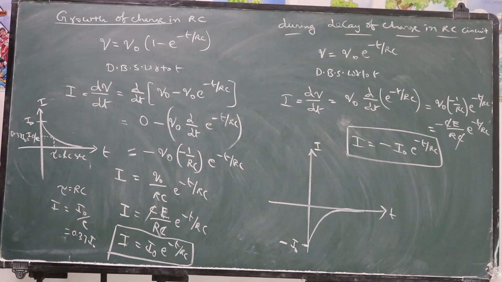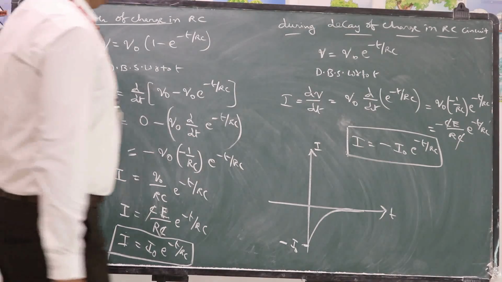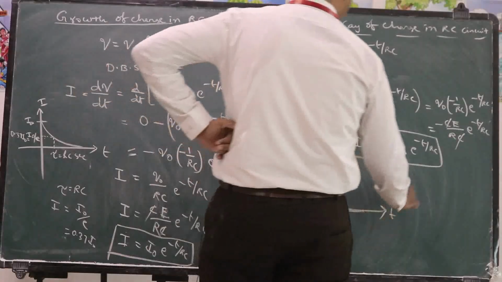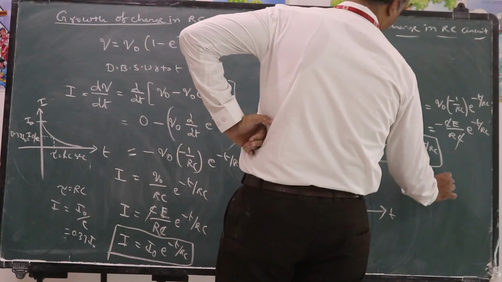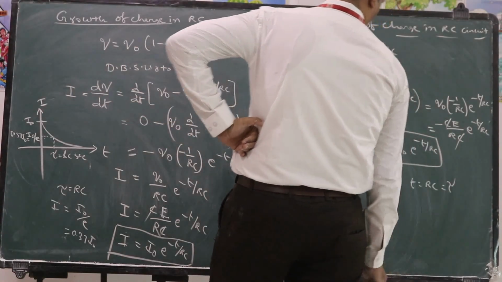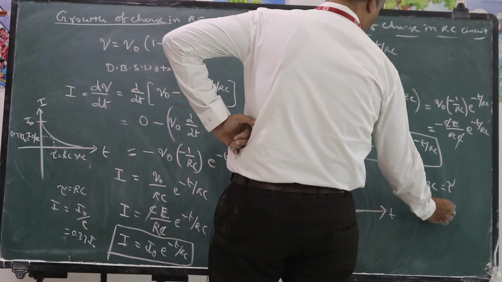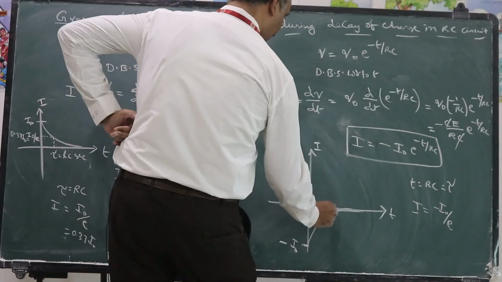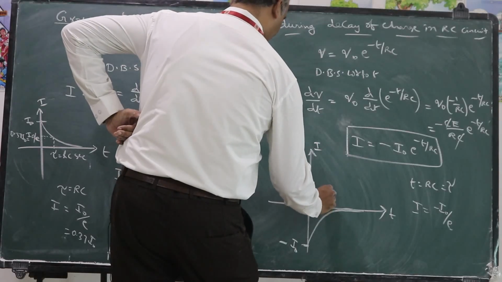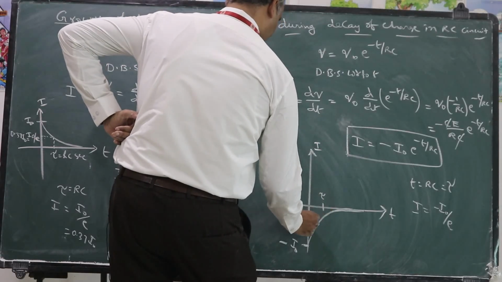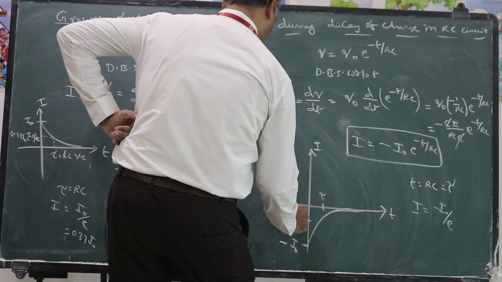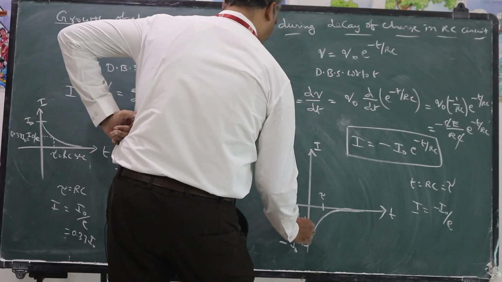Similarly, here also if you wait for t is equal to RC seconds, nothing but tau, then what happens? I is equal to minus I naught by e. That means if you wait for tau seconds, it becomes minus I naught by e.